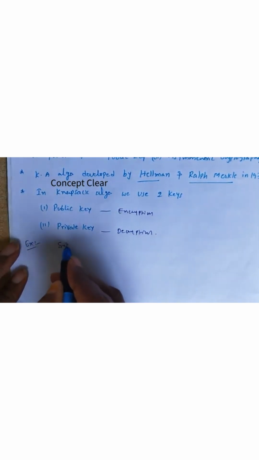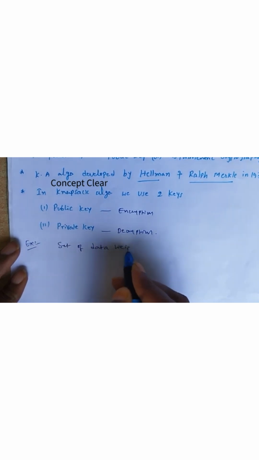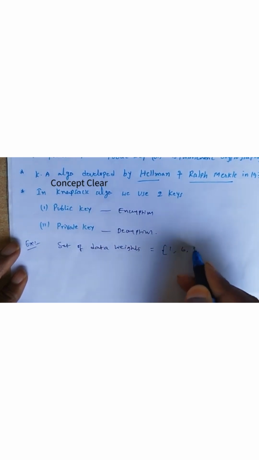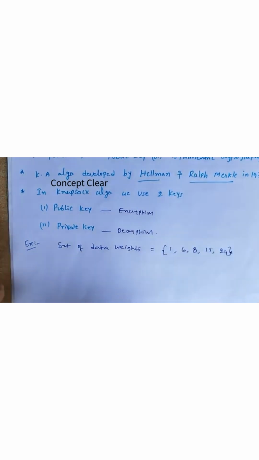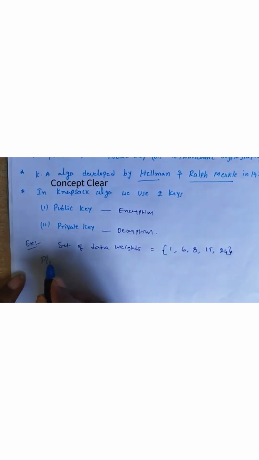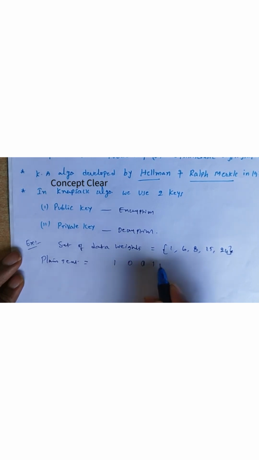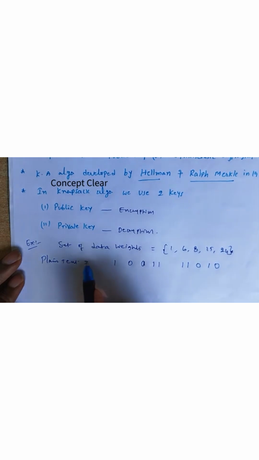Assume a set of data weights: 1, 6, 8, 15, 24. Assume these are the weights, and the plain text is 1, 0, 1, 1, 0, and I am taking one more set, 1, 1, 0, 1, 0. This is the plain text.